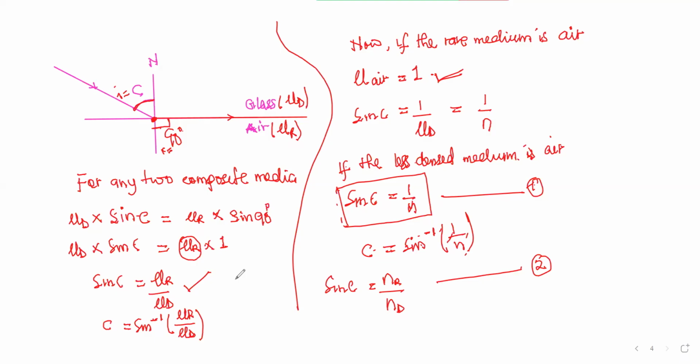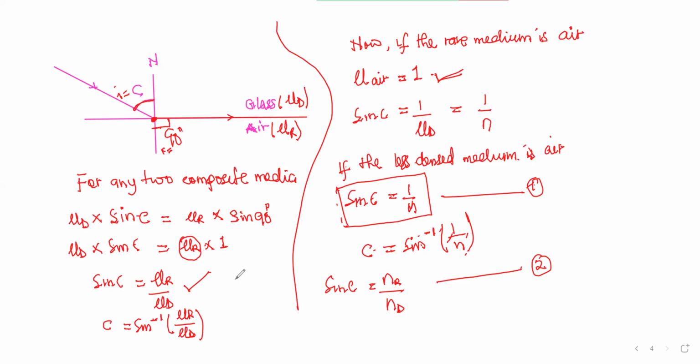Okay. Gideon. Please, can you differentiate mu D and mu R? R is the rare medium. Rare medium also means less dense medium.